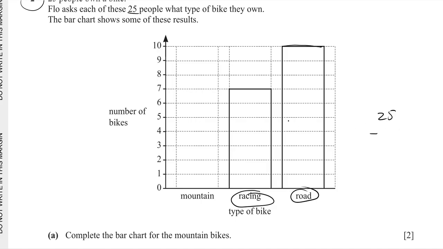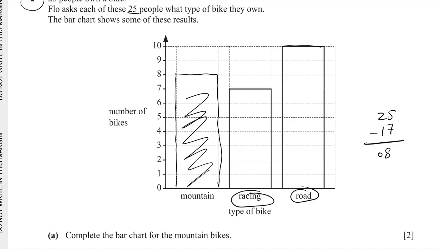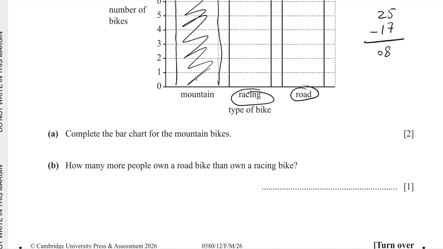That's going to be 10 plus 7, 17. And the rest of the people are going to be owning mountain bike. So that's going to be 8. So there are 8 people who own the mountain bike. So to complete the bar chart, you just have to draw a bar here and just shade it if you want. If you don't want, it's fine.